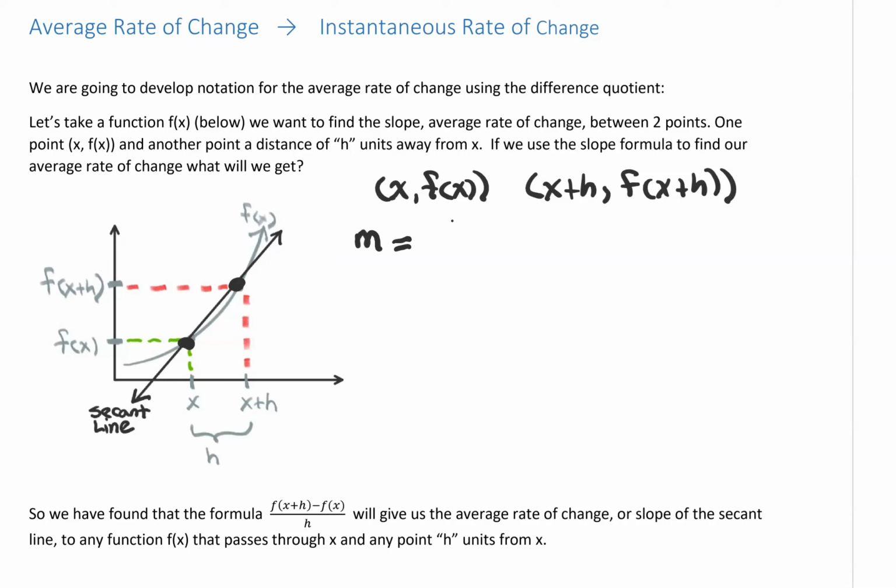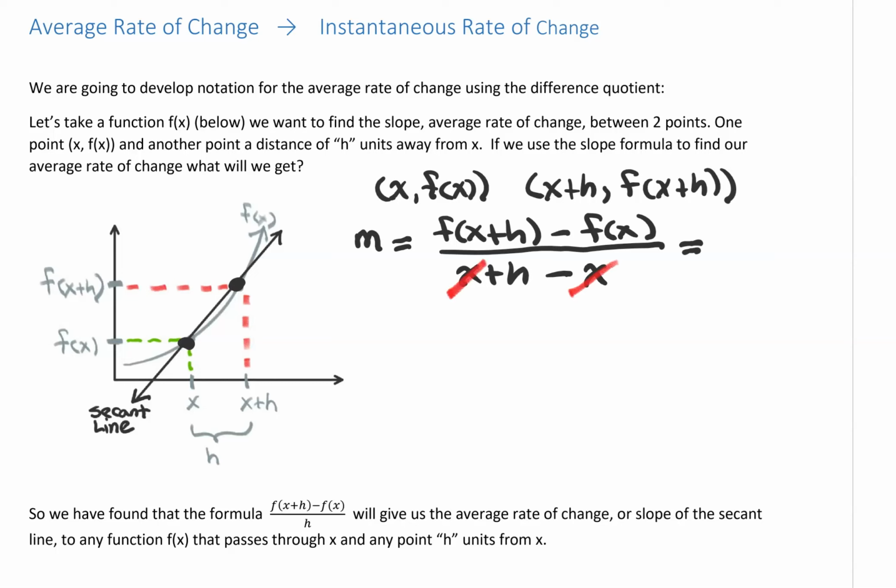So if we take our y value, f of x plus h, minus our other y value, f of x, over the x value, x plus h, minus the other x value, x, then we'll get the slope, or the average rate of change. Now there's only a little bit of cleaning up I can do here. On the bottom, this x and this x will cancel.